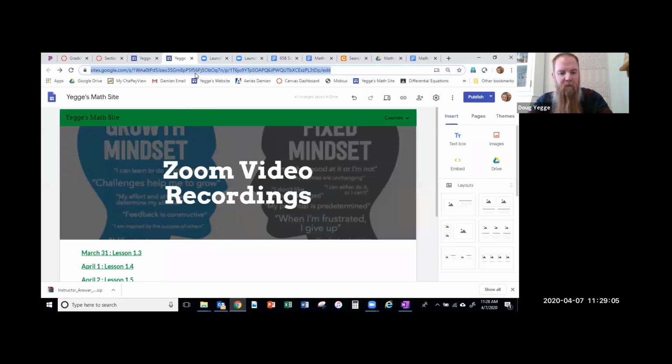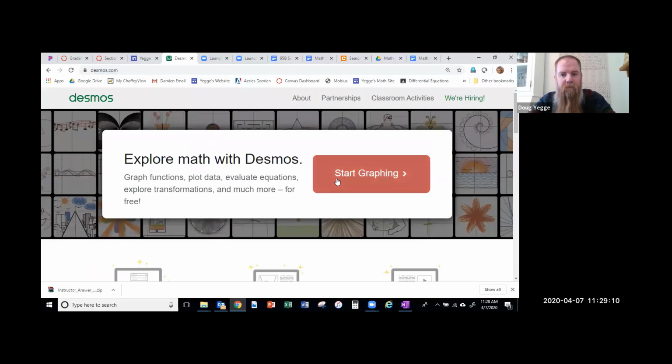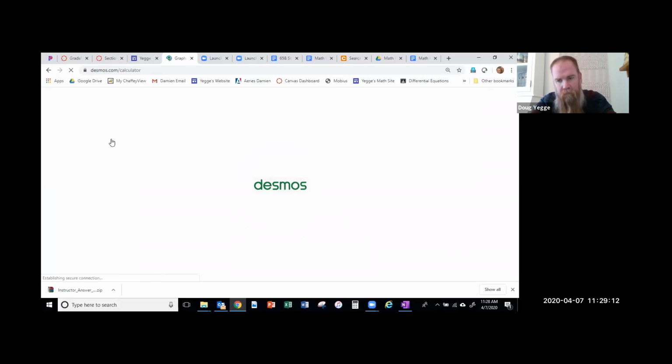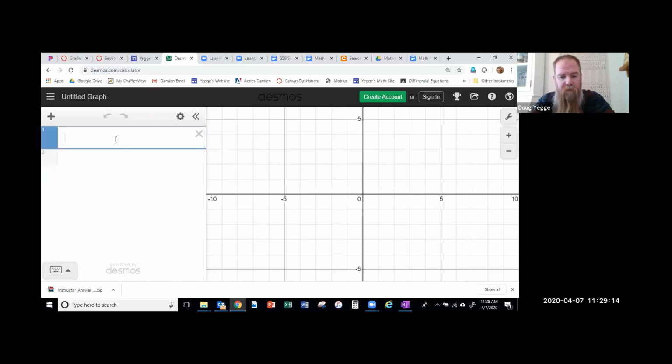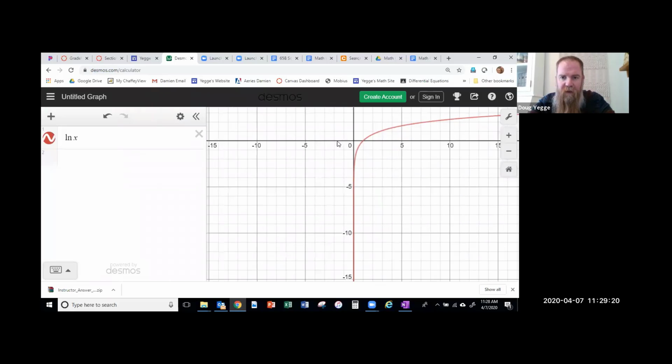Yeah, maybe you need to take a look at Desmos here. So let's take a look at ln of x, right? So what we should realize about ln of x is that on the right side of 0, right over here, notice that the graph approaches negative infinity.